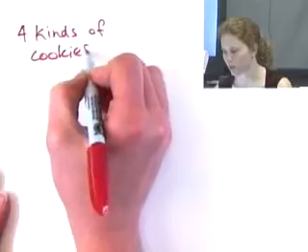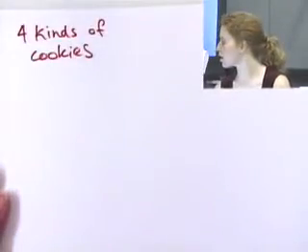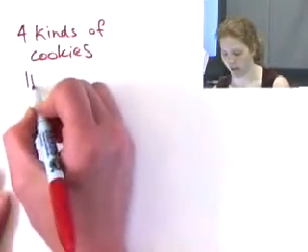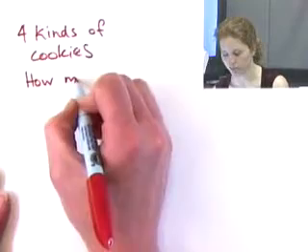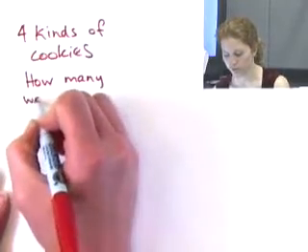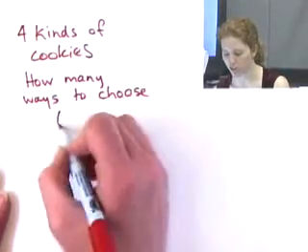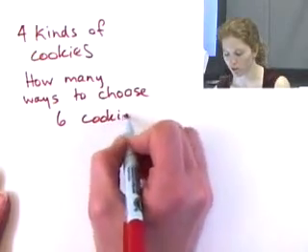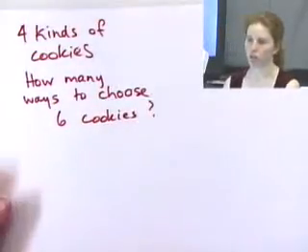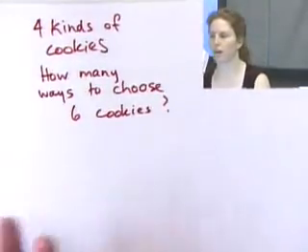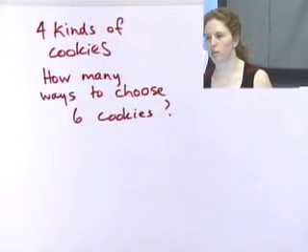So here's an example, which happens to be on page 4 of your notes. You have 4 kinds of cookies, and you're at a bakery. So how many ways are there to choose 6 cookies? Now, first of all, a little alarm might be going off in your head to say, wait, I'm only choosing from 4.